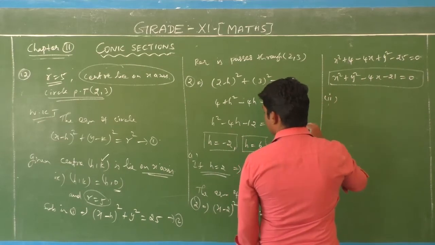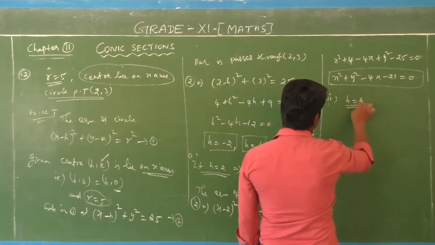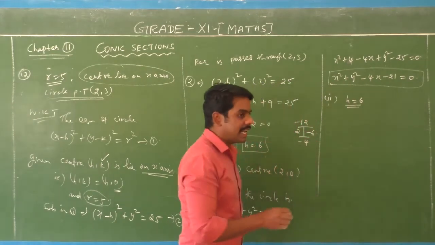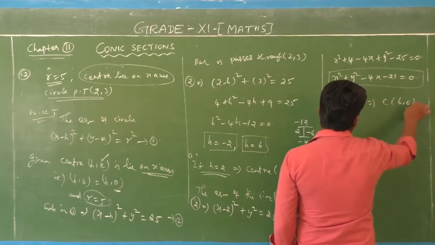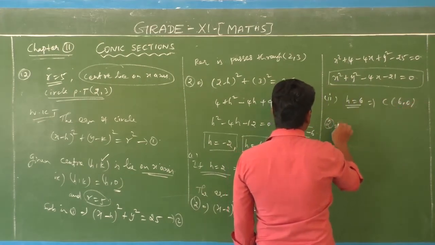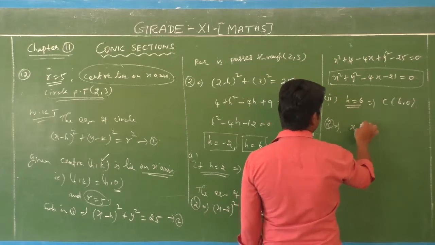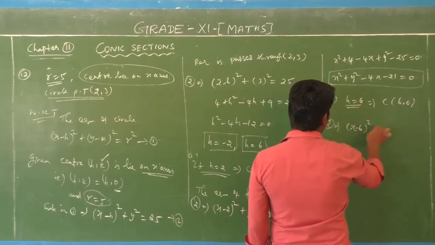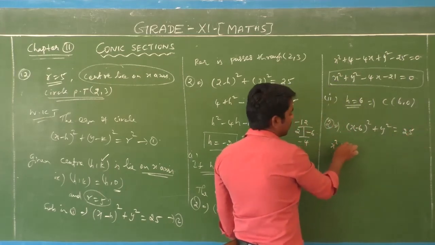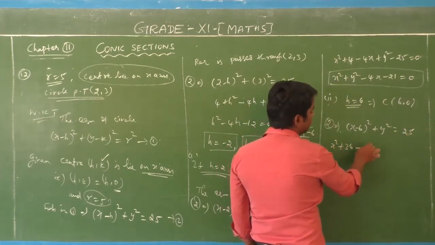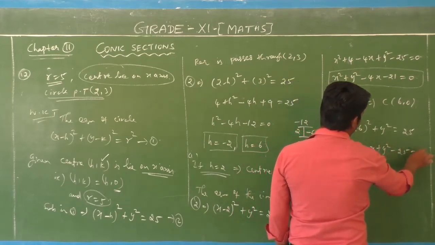When h equal to 6, the center of the circle is (6, 0). And the equation of the circle, equation number 2, with h value 6, is (x minus 6) the whole square plus y square equal to 25. Simplify this: x square plus 36 minus 12x plus y square minus 25 equal to 0.